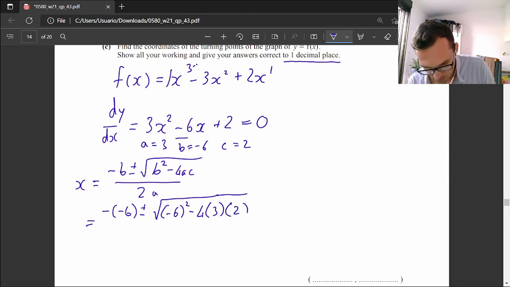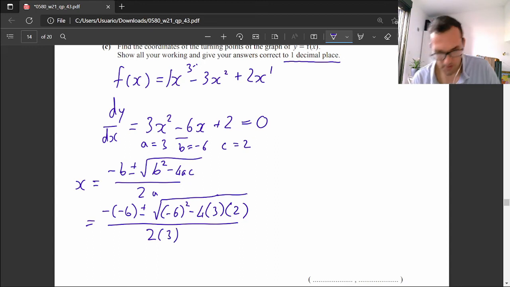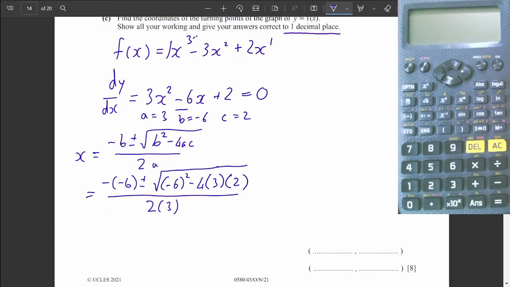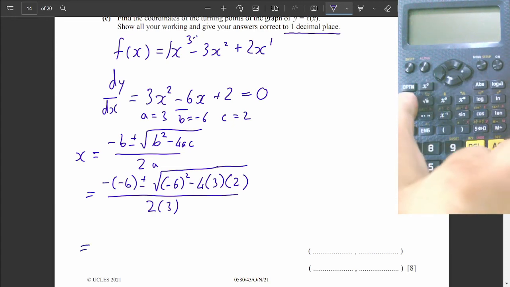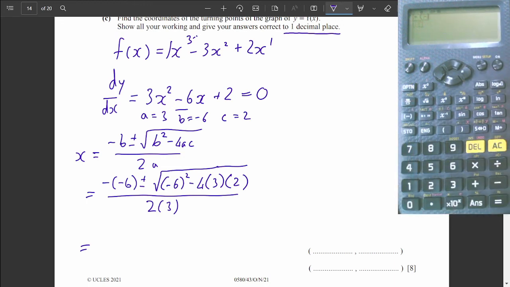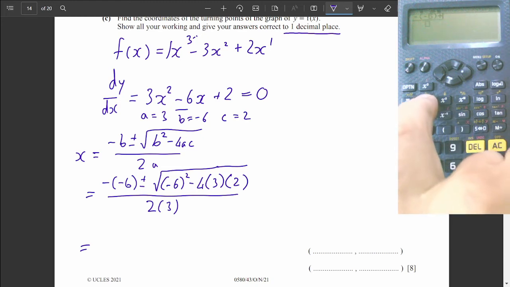C is 2 over 2 over 3. Again, calculator. And let's put that into the calculator. So let's start with the fraction. Negative 6. Let's start with the positive value.